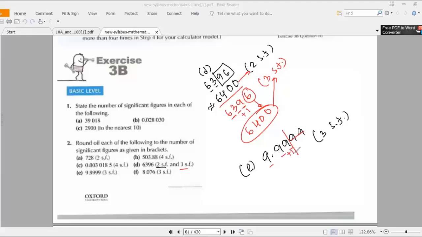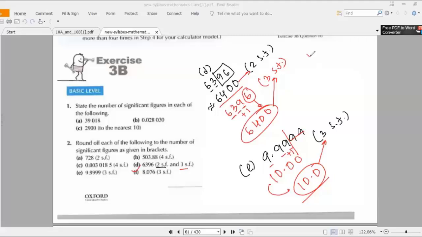So 9.99 plus 1 on the last digit, 9 plus 1 is 10, carrying 1 each time. So 10.00 will be the result. And at last, the final answer should be written as 10.0, because 10.0 is the correct three significant figures instead of 10.00. 10.00 is four significant figures and 10.0 is three.